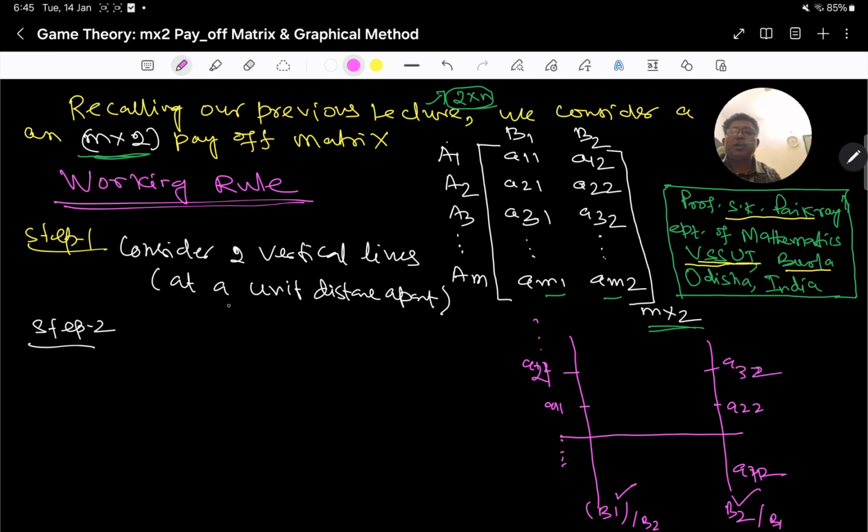So consider two vertical lines at a unit distance apart and mark your AIs. These two parallel lines represent B1 and B2.